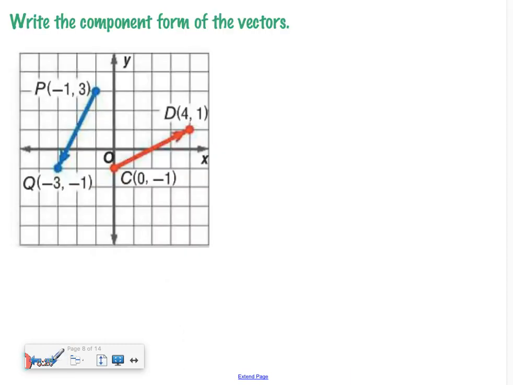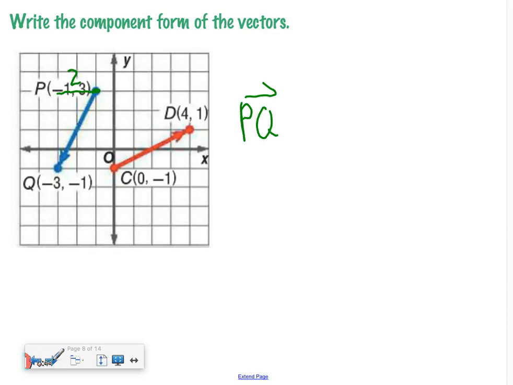Like right now. Let's try to write the component form of these two vectors. So let's start with PQ. On this one, let's just count. So let's just start here at P. How far over do I have to go to get to Q? 2, right?